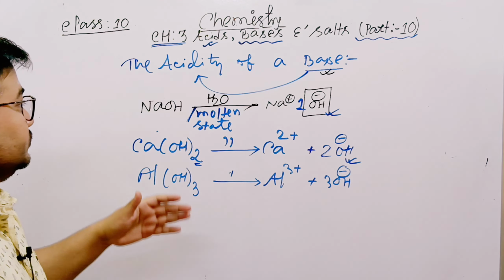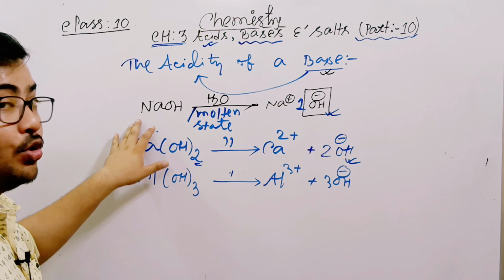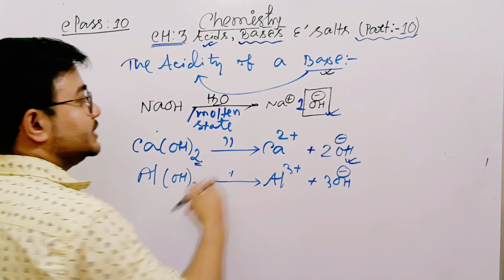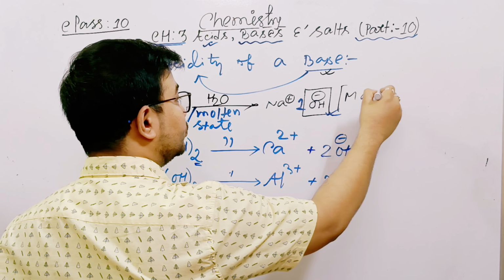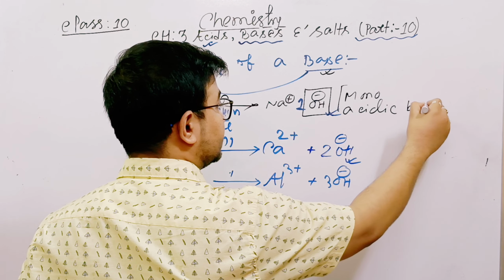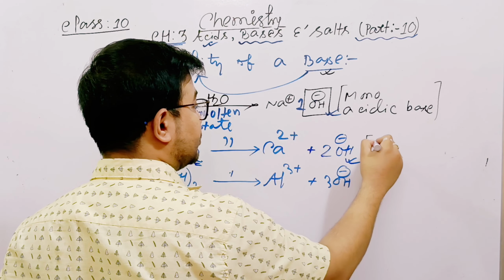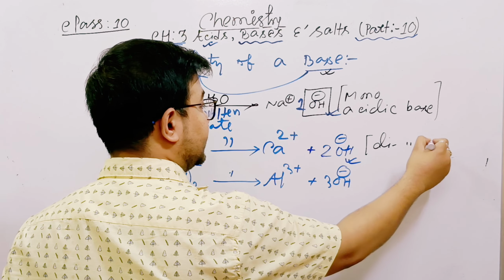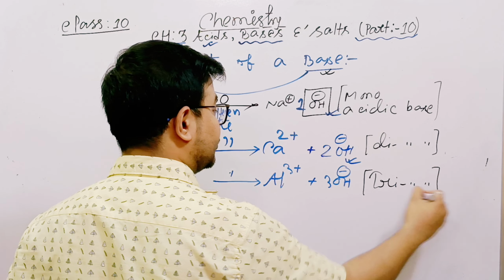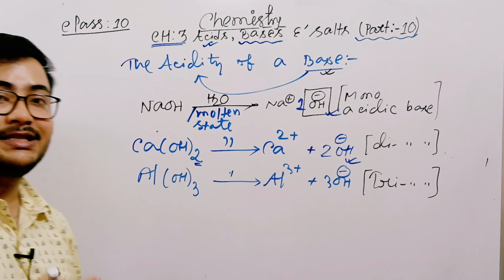So that's why it is called a monoacidic base, a diacidic base, and a triacidic base. Do you understand? So what is the acidity of a base?